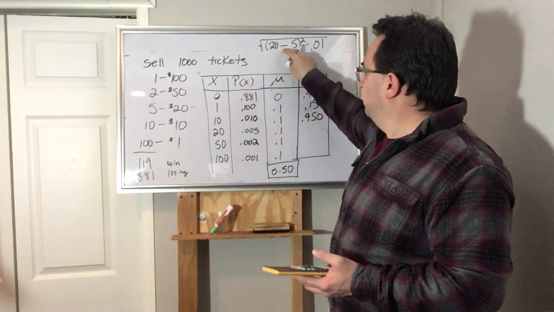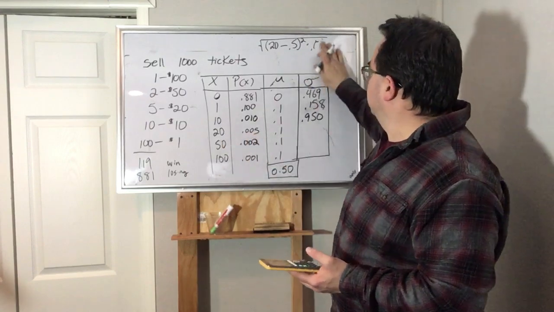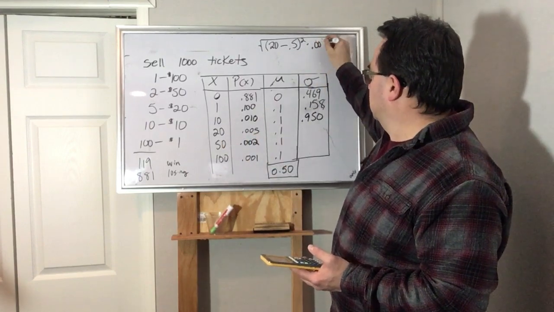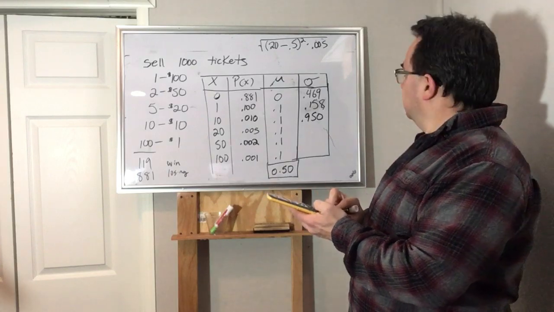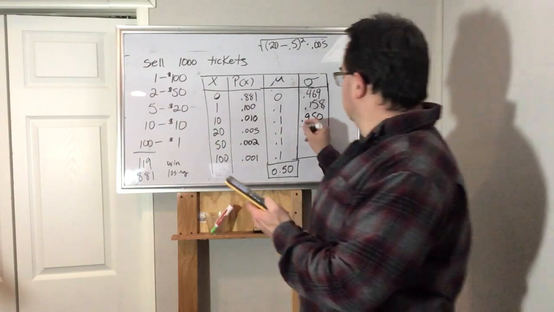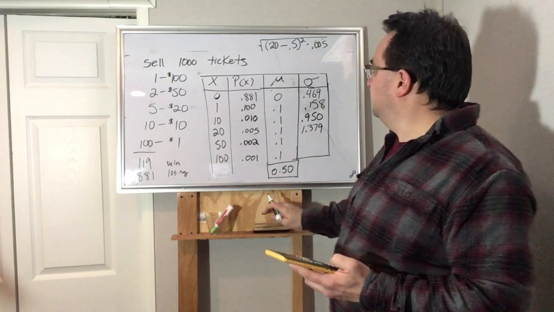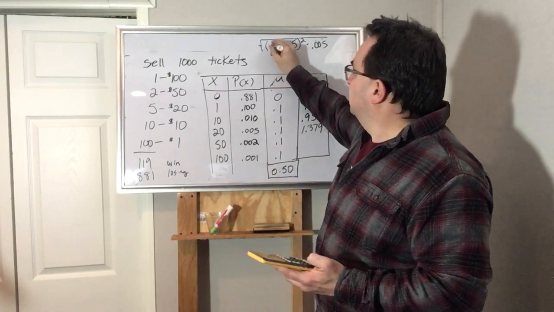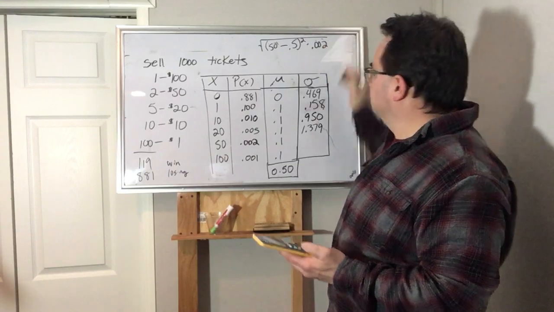All right, next one. X minus the mean squared times its probability. So 19.5 squared times 0.005, square root. 1.379. I'm on the 50. 50 minus a half times 0.002.